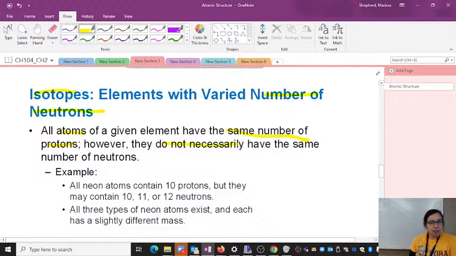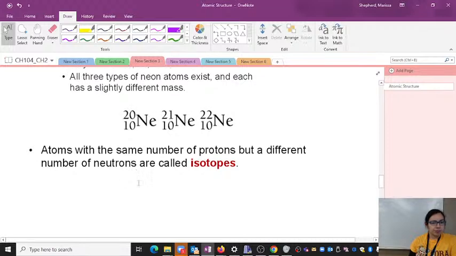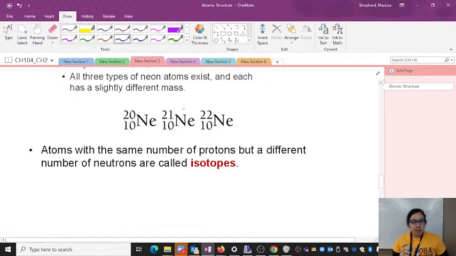However, they do not necessarily have the same number of neutrons. And so this is one way to write out these different isotopes. And scientifically speaking, we're not quite sure why these different isotopes exist. And then also different isotopes have different stabilities, which we can talk about.